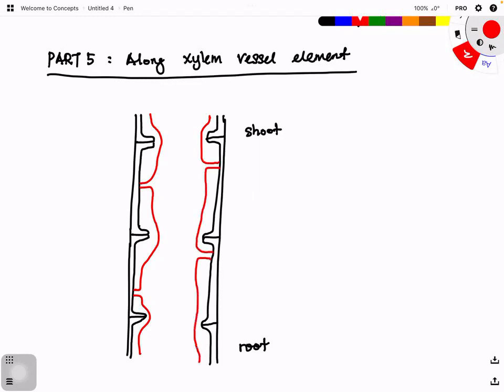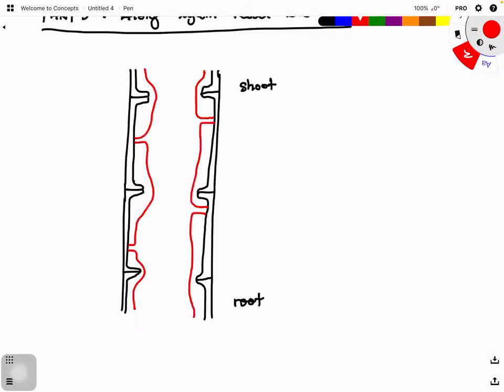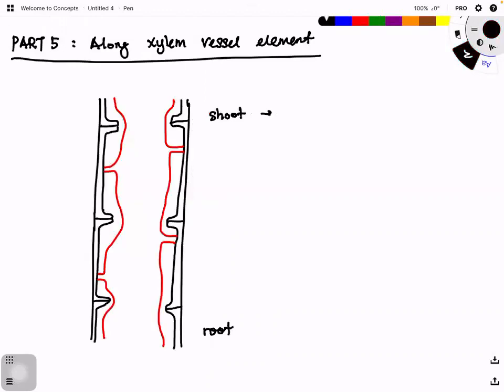So what actually happens here? At the shoot, due to transpiration, there is removal of water, so the hydrostatic pressure is low because the water molecules are removed.